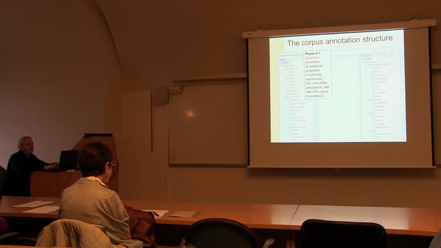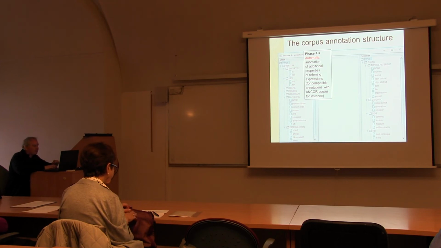Then we have, well, it's not done, but we think we can do that. We will see if it's possible or not. But we plan to have a phase 4 that corresponds to an automatic annotation of additional properties of referring expressions.